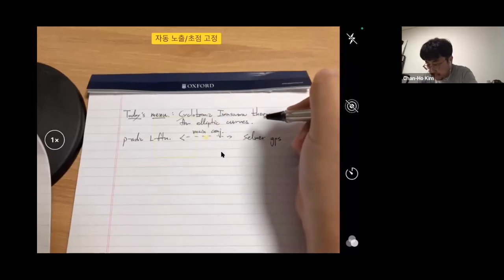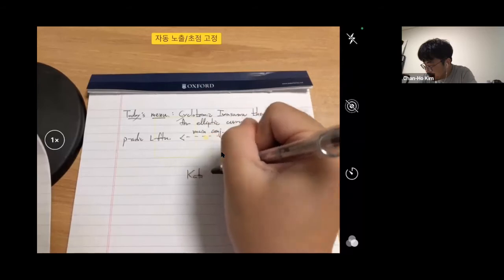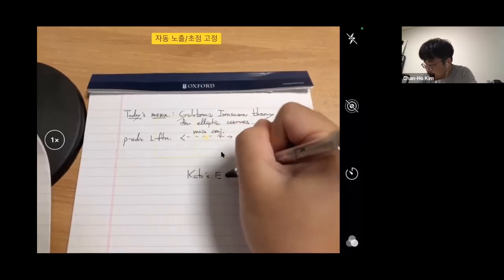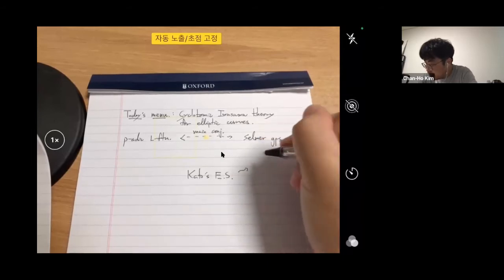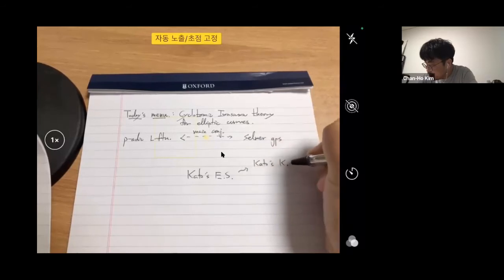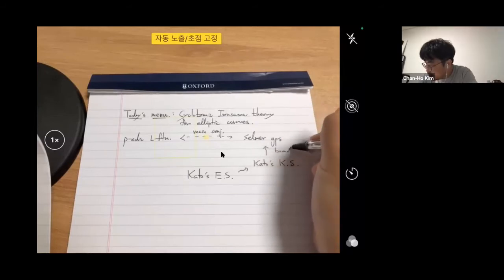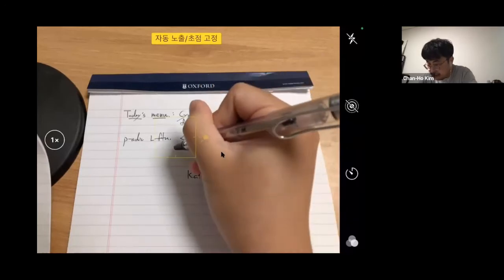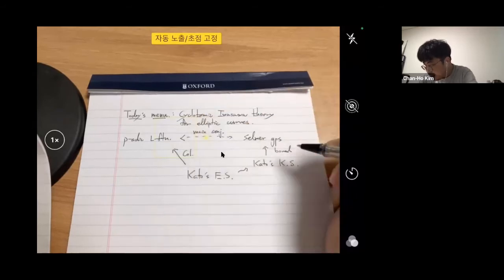So what's the role of the Euler system, especially Kato's Euler system, here? It is the following. From Kato's Euler system, on the algebraic side, we derive Kato's Kolyvagin systems and bound the Selmer group. On the other side, there exists the so-called Coleman map to obtain p-adic L functions.